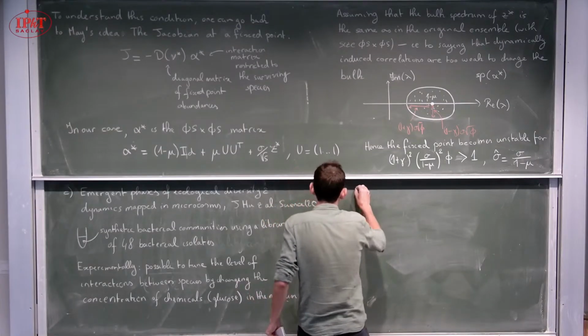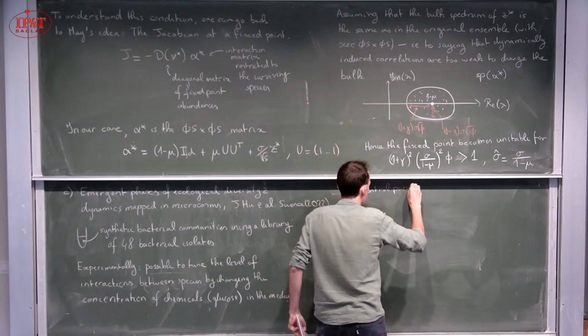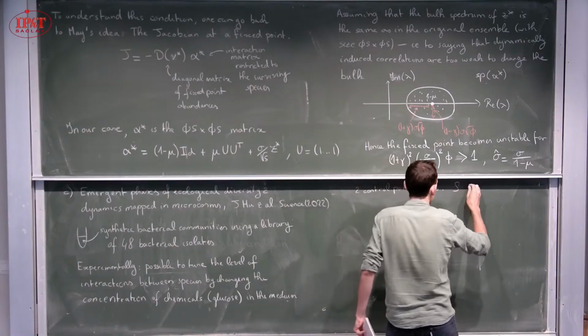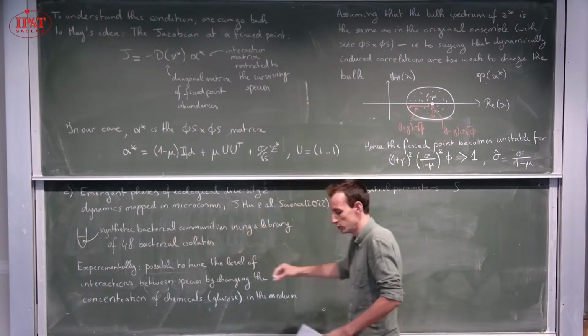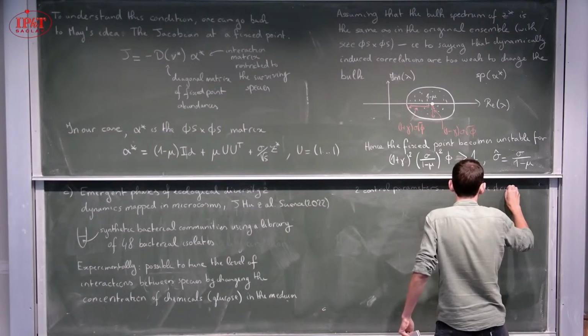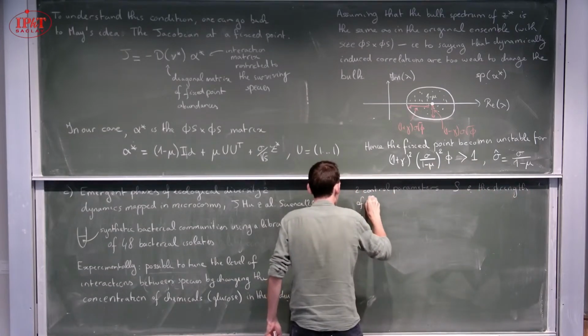So essentially, they have 2 control parameters now, which is S, the number of species that you put in the community, and the strength of interactions.